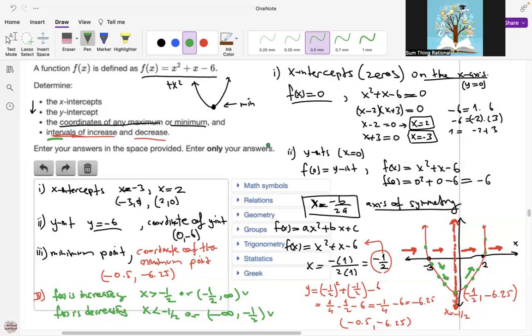But the intervals you need to define by yourself; the calculator will not mention increasing and decreasing intervals. You can find the minimum and maximum points, but the intervals you will decide by yourself.